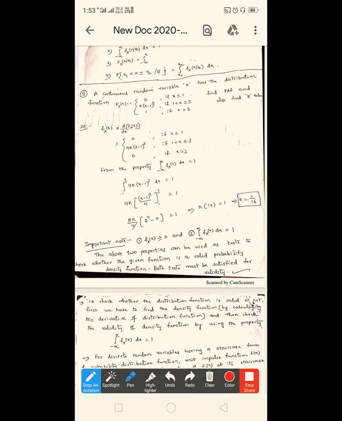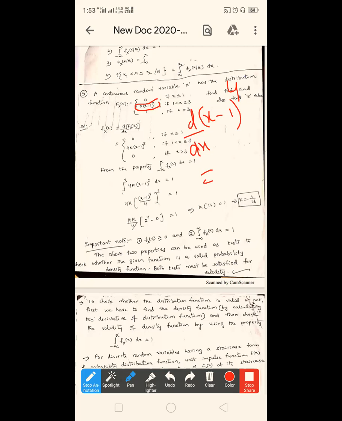Next, for the second range, the function is given as k into (x minus 1) whole power 4. What is the derivative of this? K is a constant, so you need not think about it. What is the derivative of d by dx of (x minus 1) whole power 4? What is the derivative of x power n?